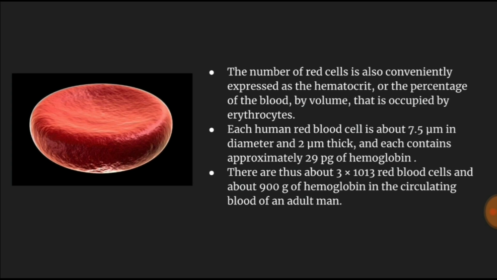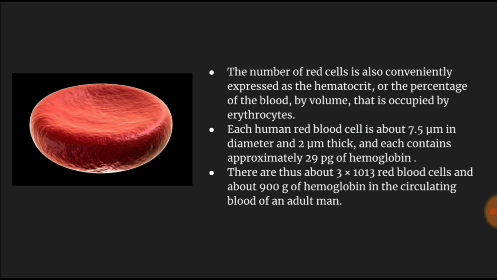The percentage of blood that is made up of RBCs in a blood sample is called the hematocrit. Now each human RBC is around 7.5 micrometers in diameter and 2 micrometers thick, and each contains approximately 29 picograms of hemoglobin.